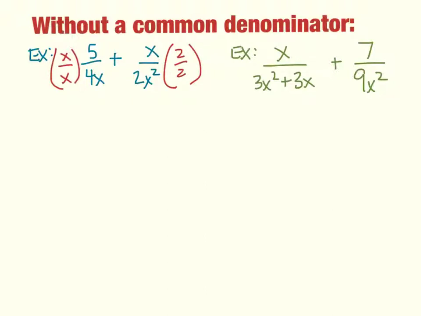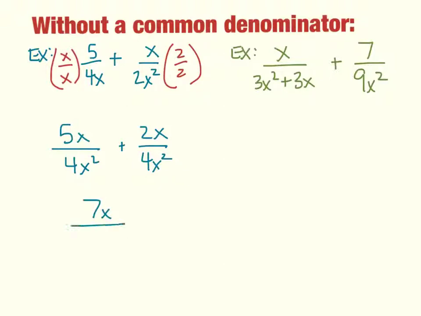So now I have 5x over 4x squared plus 2x over 4x squared. 5x plus 2x is 7x over 4x squared. Since these are monomials, the x's can cancel. So this x cancels one of these x's. 7 over 4 doesn't reduce, so I have 7 over 4x.